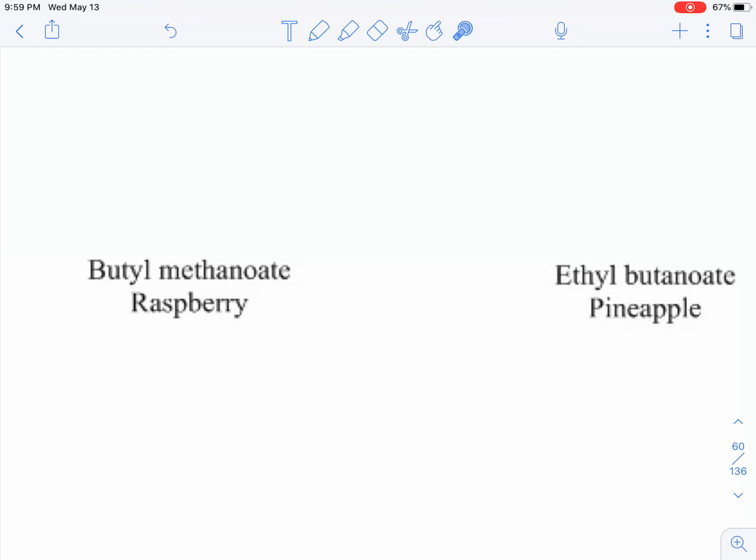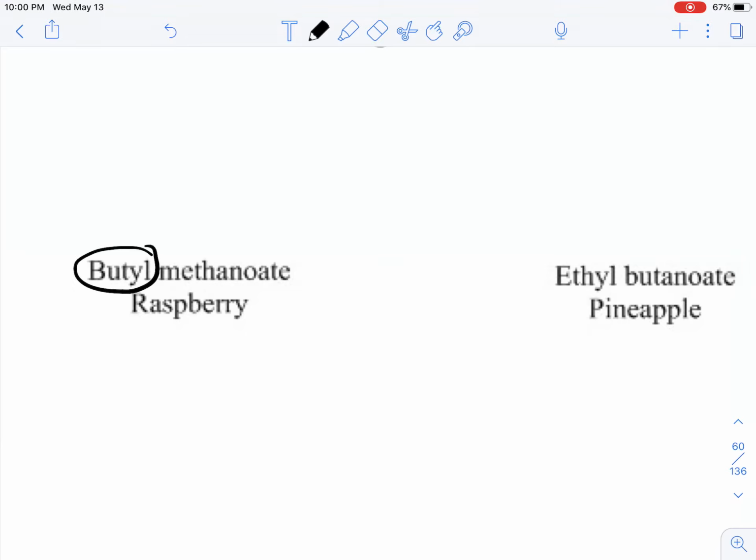So for example, the major component in the distinct smell of raspberry is butyl methanoate. So we're going to go ahead and learn how to draw the structure of this compound from its name.